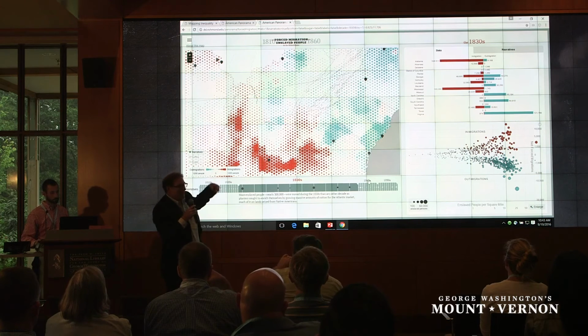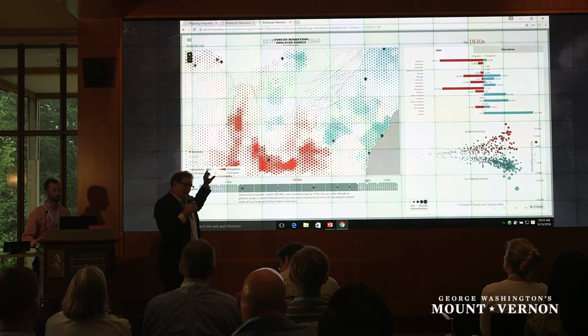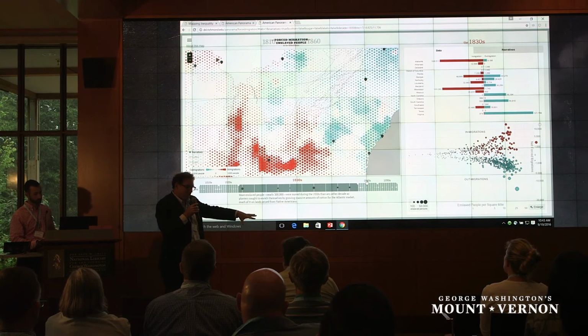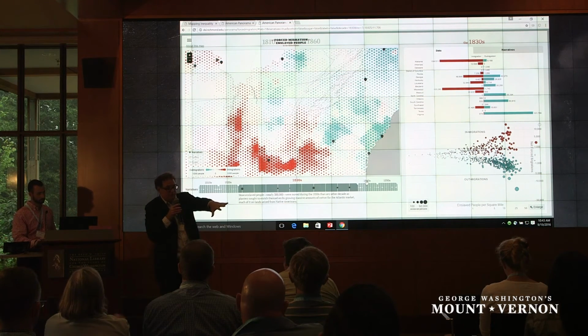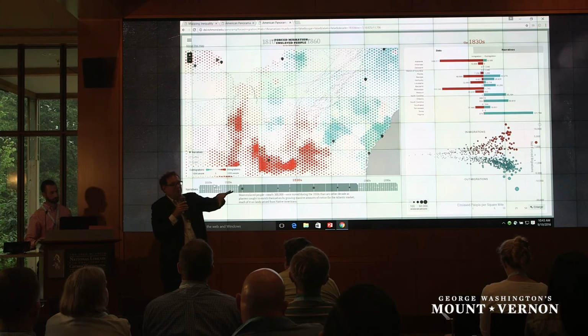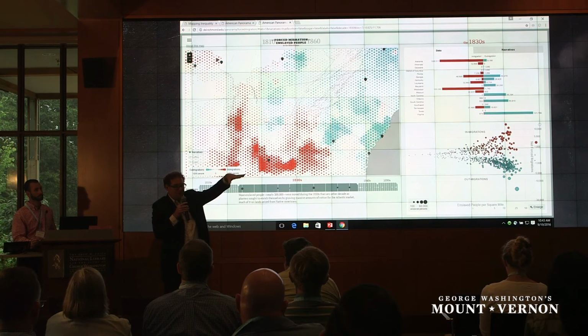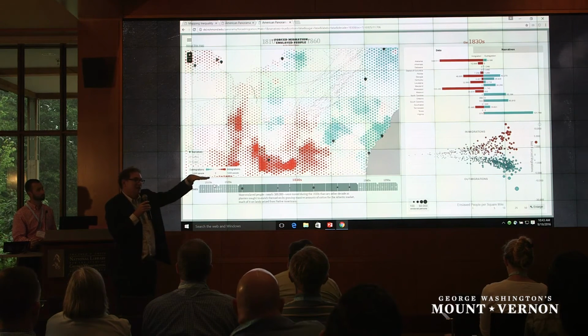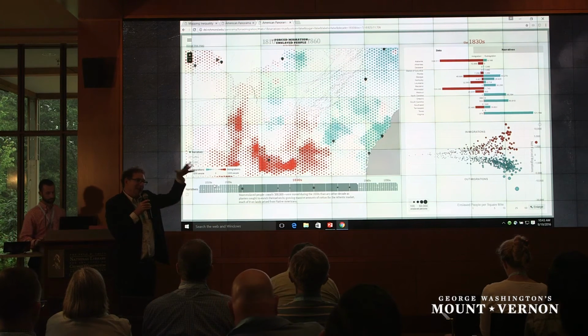So again and again in this map, you see a pattern where areas that were net purchasers 20, 30 years later are sellers, right? And so what you're seeing is a growing population. This is the argument I want to make, right? There's a growing population, and they have adequate labor, right?